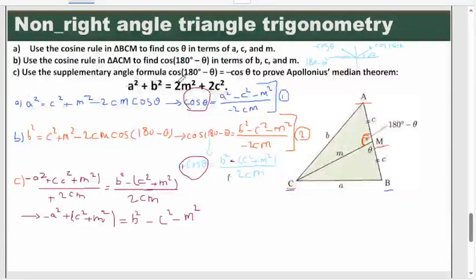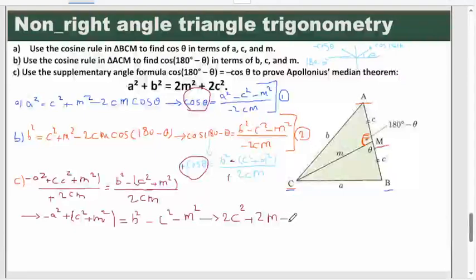I look at this formula, so I try to bring M and C to one side and A and B to the other side. So I bring A to the right side and CM to the left side. If I bring this negative C squared to the left side, I will have positive C squared, which gives me 2C squared. If I bring this negative M squared to the left side, again it gives me 2M squared.